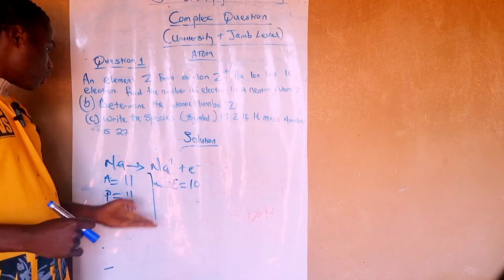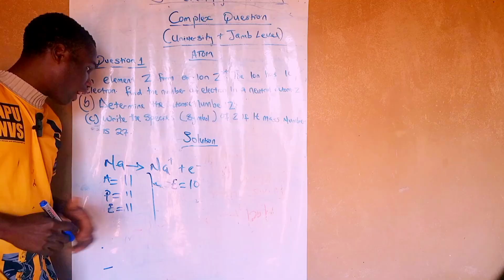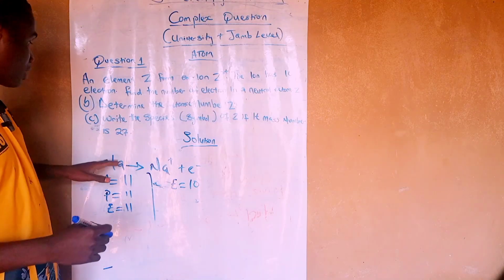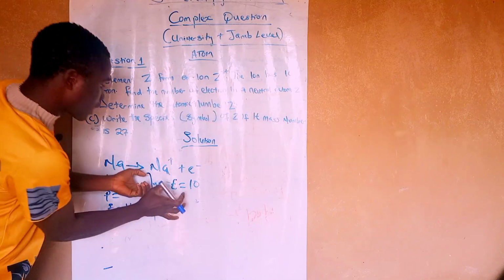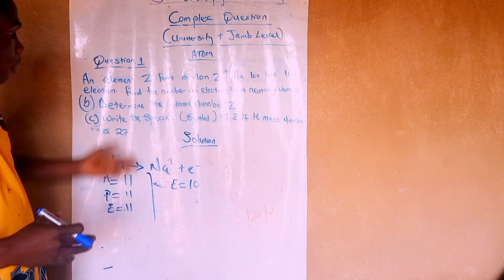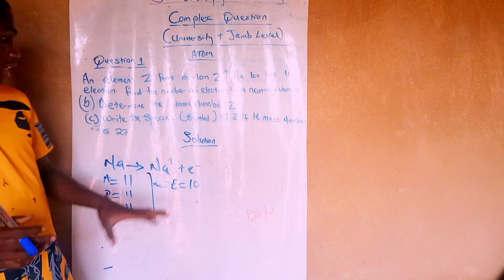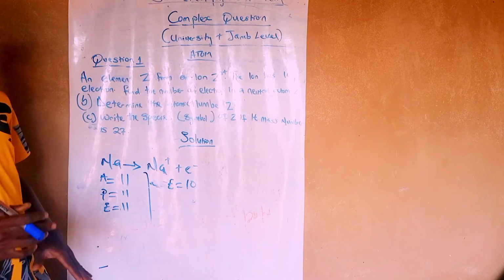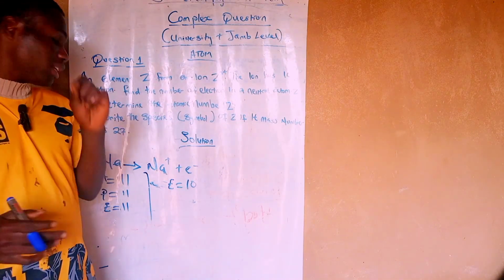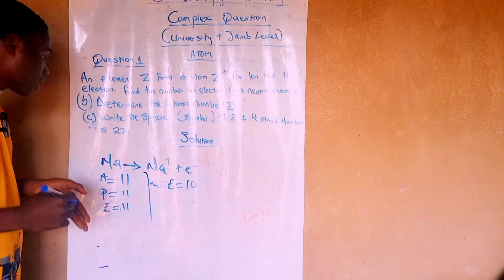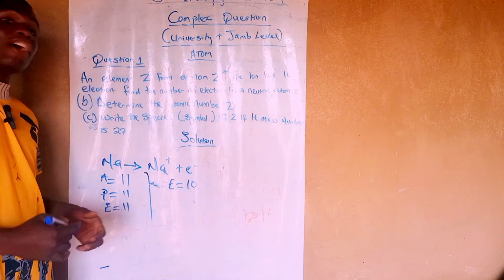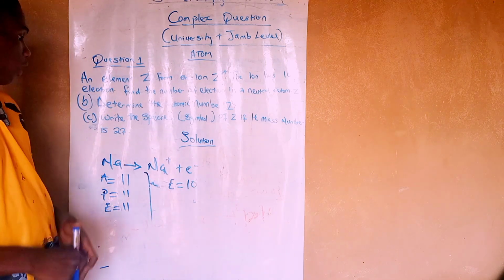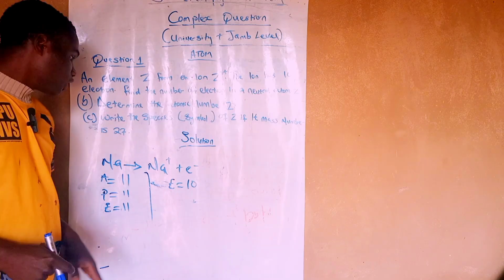But in a neutral atom, the number of electrons is 11.